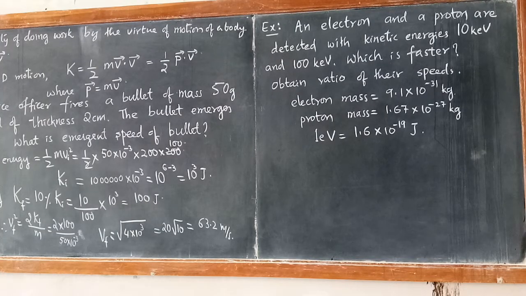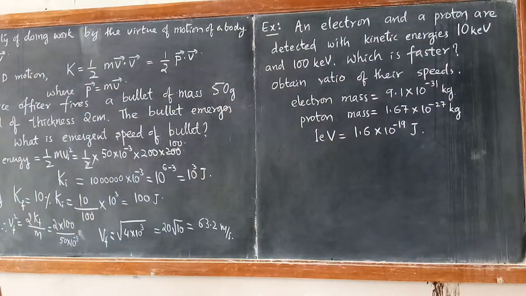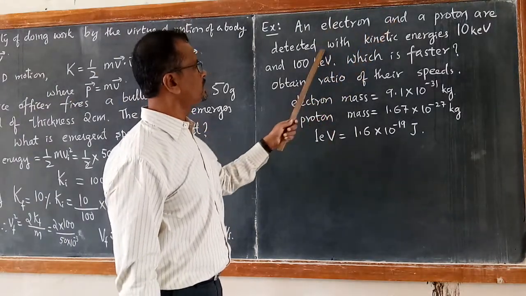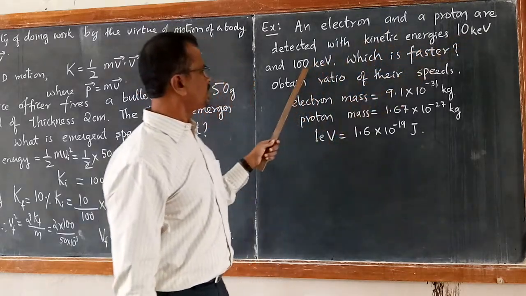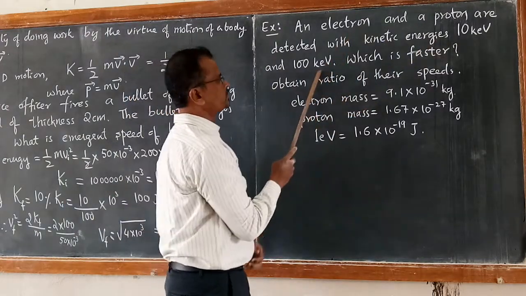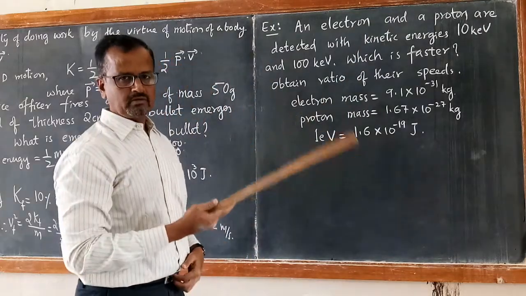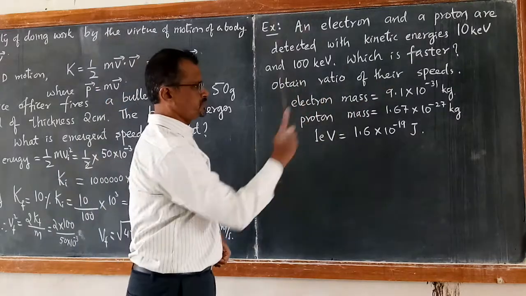An electron and a proton are detected with kinetic energies 10 kilo electron volt and 100 kilo electron volt respectively. 10 kilo electron volt is that of the electron, 100 kilo electron volt is that of the proton. Which is moving faster, the electron or the proton? Obtain the ratio of their speeds.